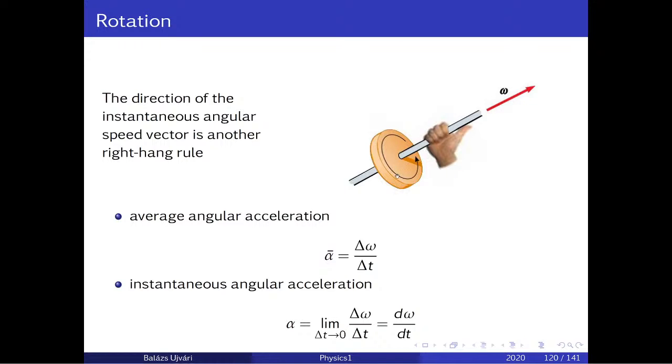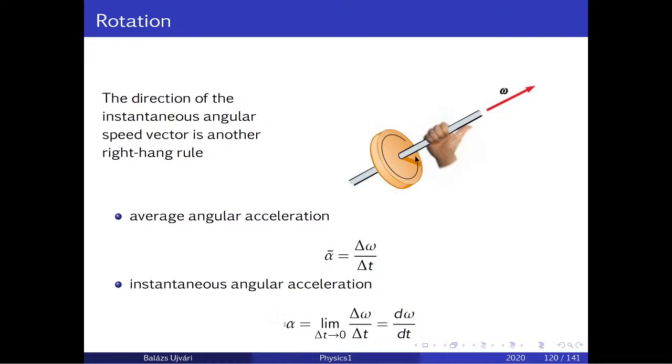If this body moves like this in the picture, by the right-hand rule, this finger will show the direction of omega. And if you speed up the rotation of this body, if omega changes, you can derive it with time and calculate the angular acceleration.